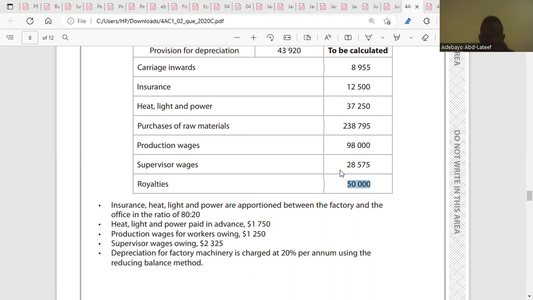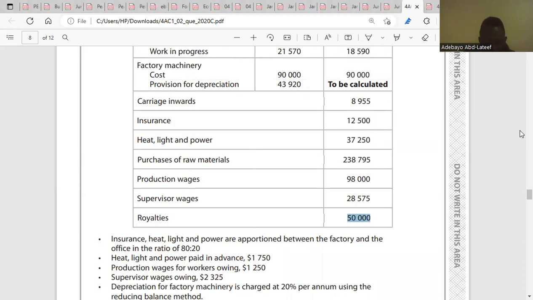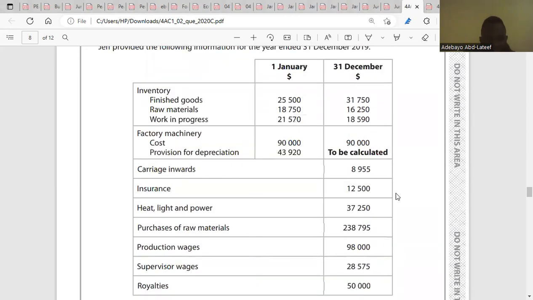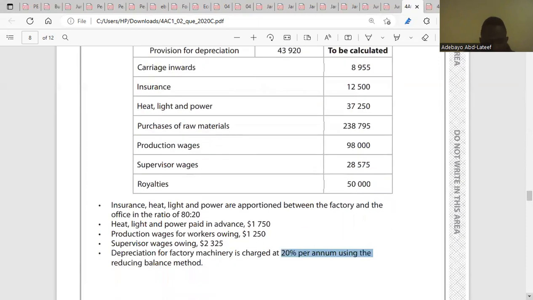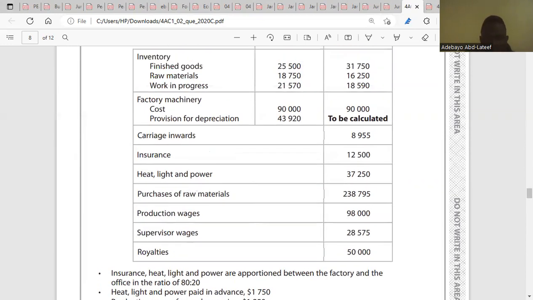Now they said for the factory machinery, we have 20% depreciation per annum, right? The value for factory machinery is how much? Factory machinery is charged at 20%. The cost is 90,000.